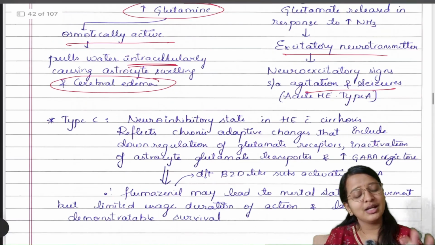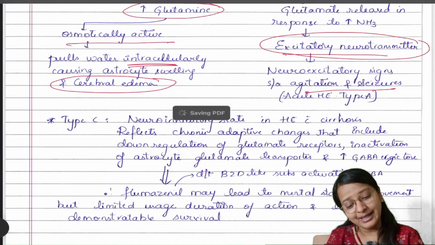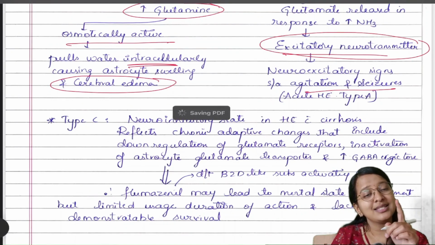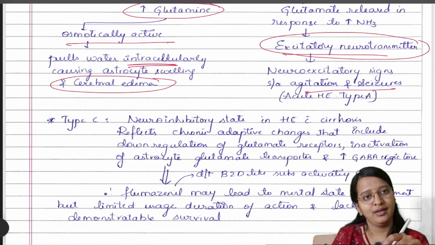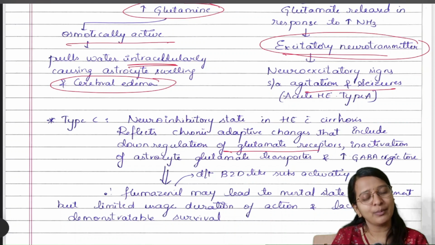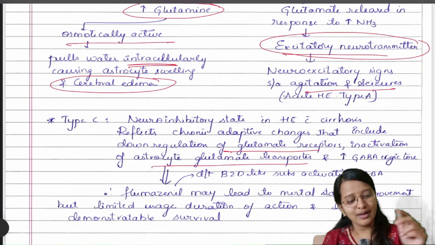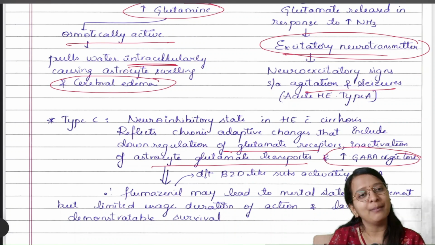Okay. So, generally, we have seen that there will be an excitatory component. But type C is the neuroinhibitory type. This is because there will be chronic adaptive changes that include downregulation of glutamate receptors and also inactivation of astrocyte glutamate transporters. So this is the reverse type. Okay. So more of GABA-ergic tone.